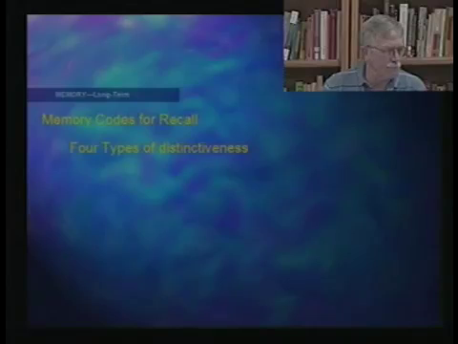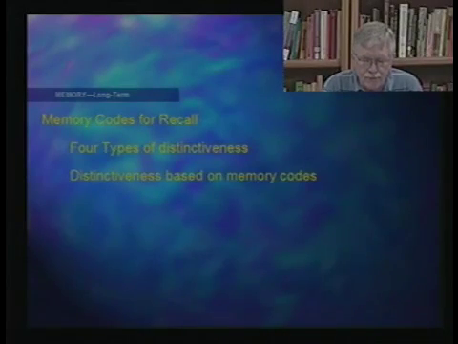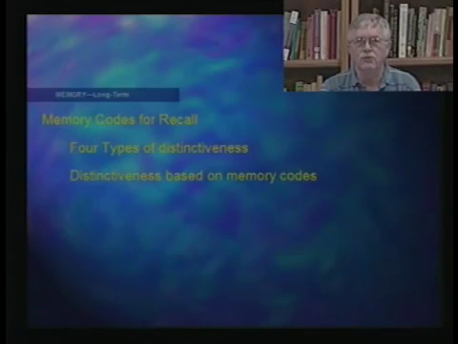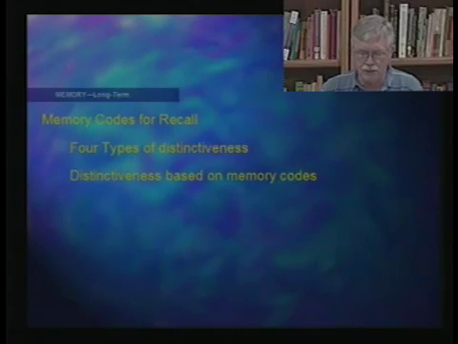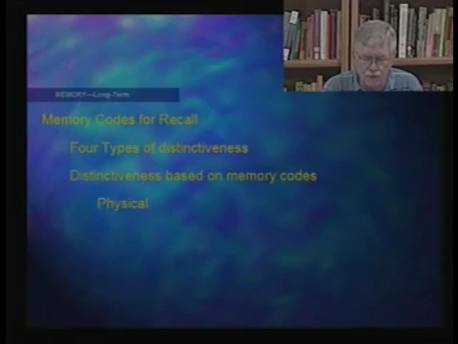Ultimately, what this research has yielded is some rather unusual kinds of data. And it's yielded the idea that there are at least 3 different types of memory codes that can be created in this particular situation. One of them is essentially codes that involve physical attributes in some way or another. Structure, as we discussed it earlier.